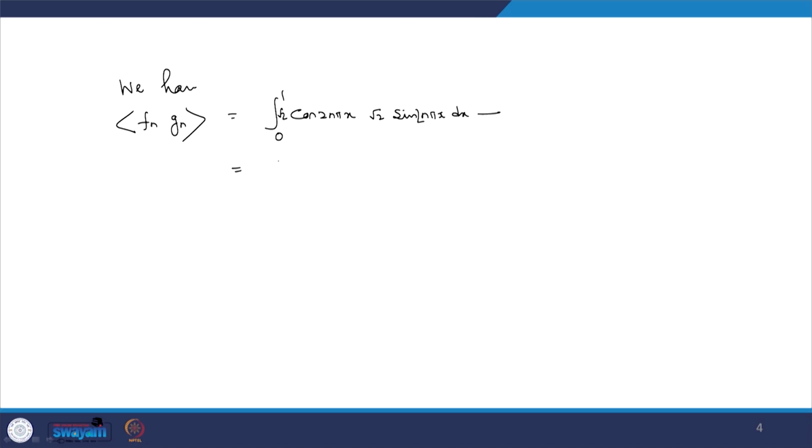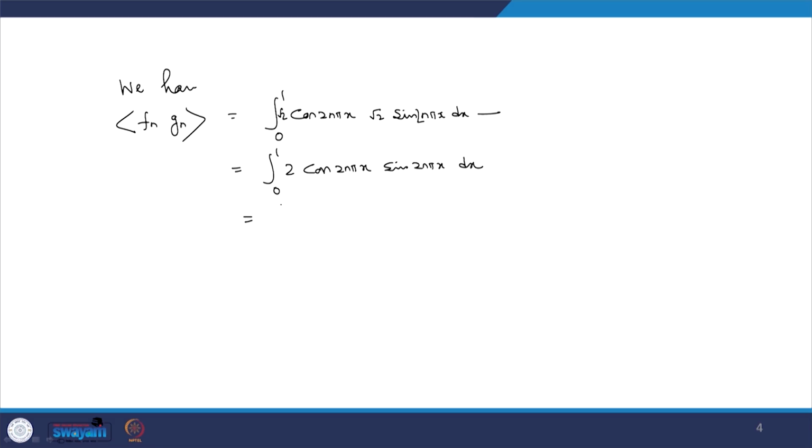So this is equal to the integral from 0 to 1 of 2 cos of 2n pi x and sin of 2n pi x dx.